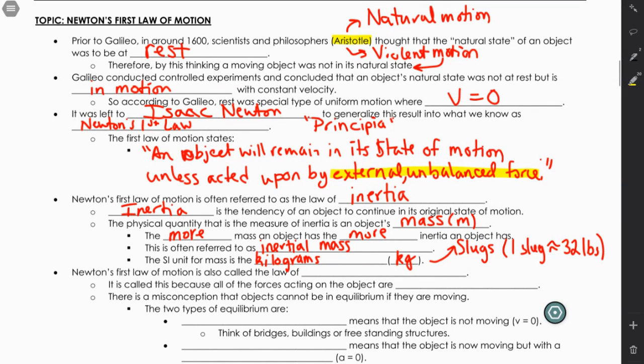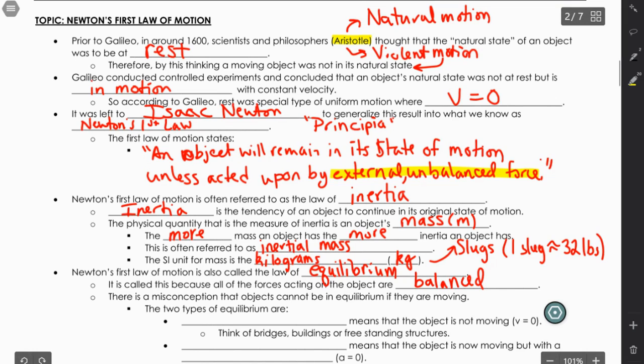Now, Newton's first law of motion is also sometimes called the law of equilibrium. And this part of the law brings about one of the classic misconceptions in physics, okay? The reason we call it the law of equilibrium is because all the forces acting on it are balanced.